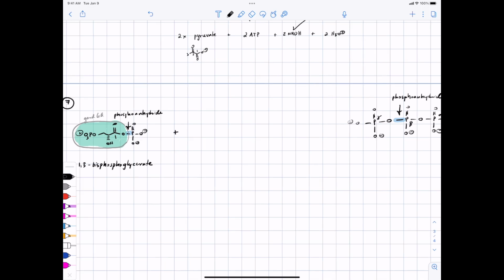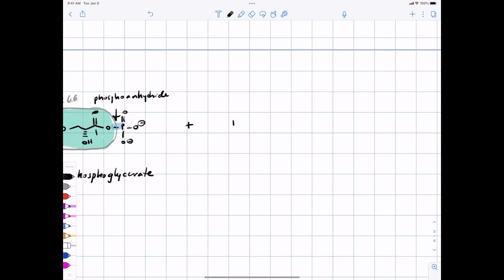We can now have the beta phosphate group of ADP act as a nucleophile in sort of an SN2 step, attacking that phosphate group, and the leaving group leaves.